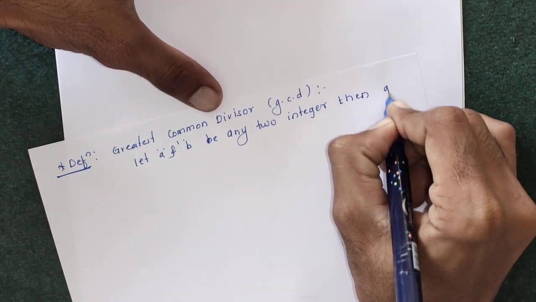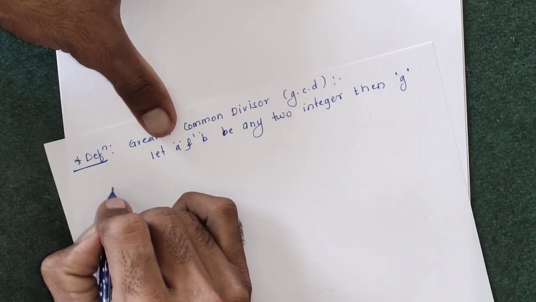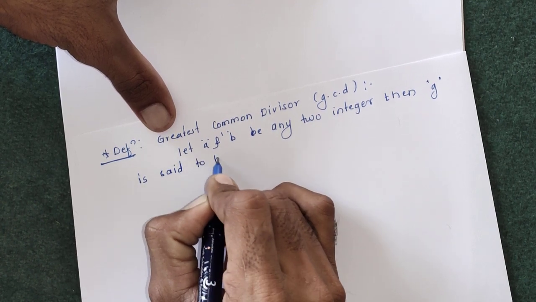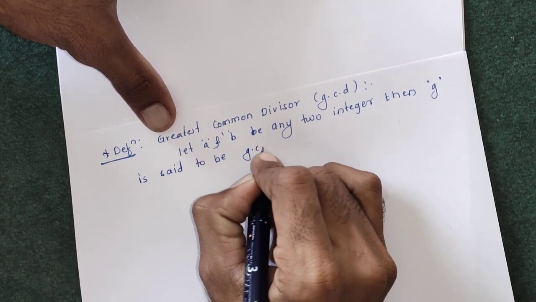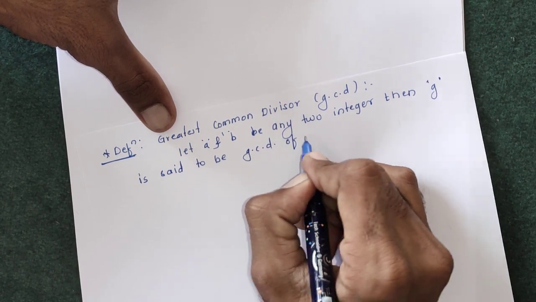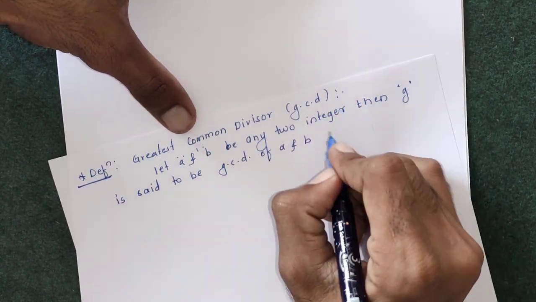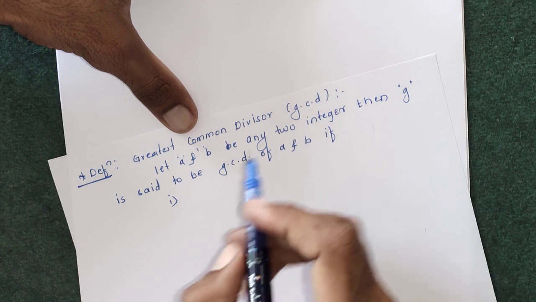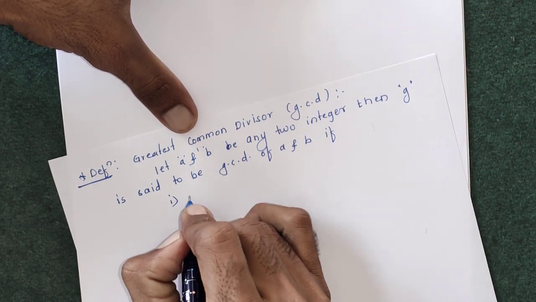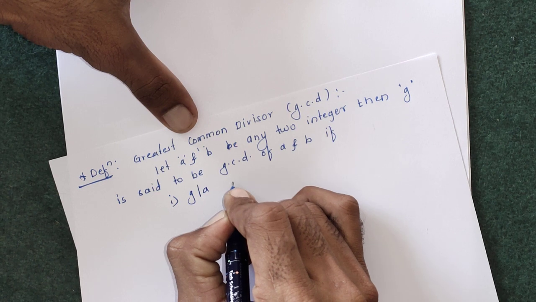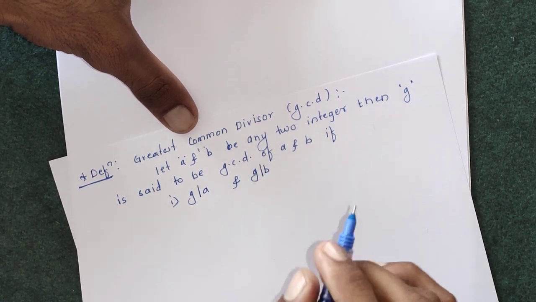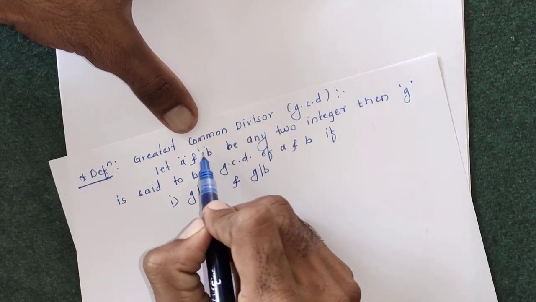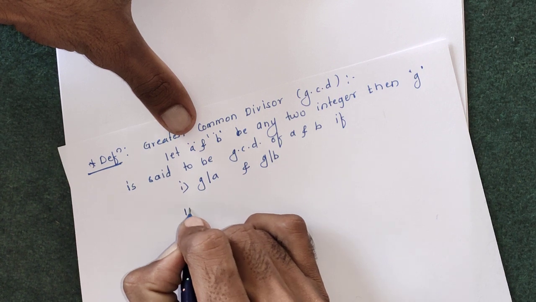Then suppose this small g is said to be GCD of A and B, that is greatest common divisor of A and B, if firstly this G must be a common divisor of both A and B, that is G divides A and G divides B.